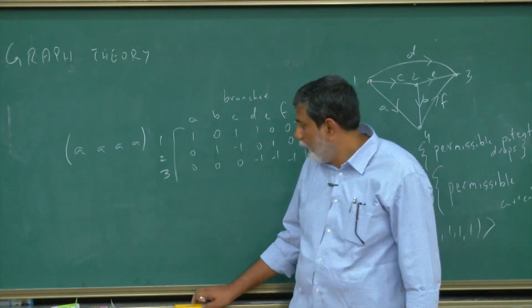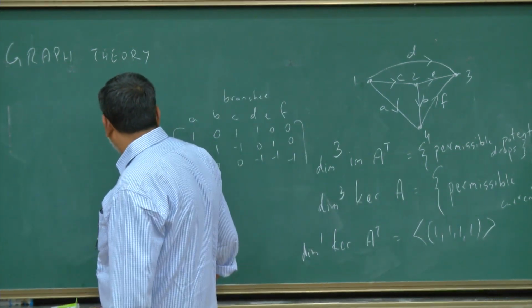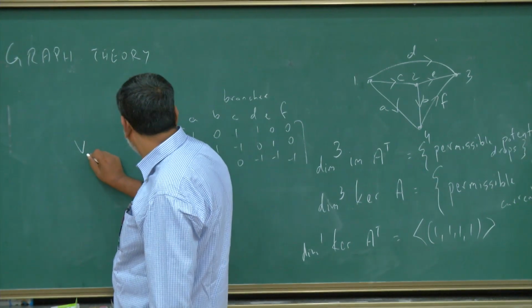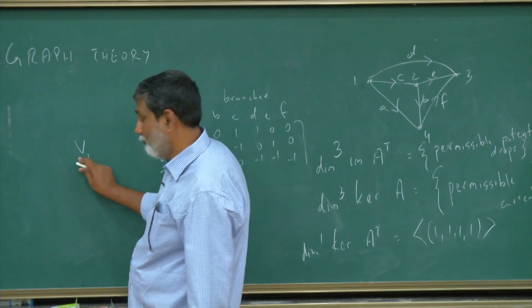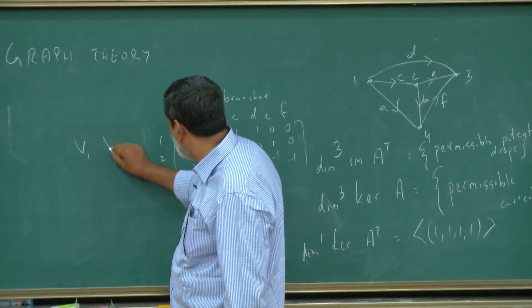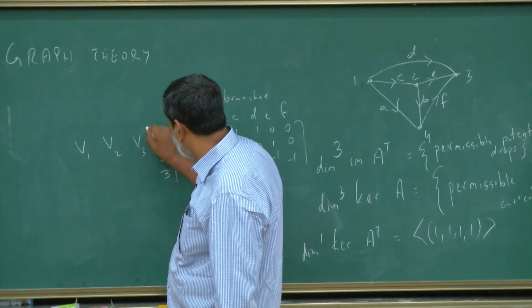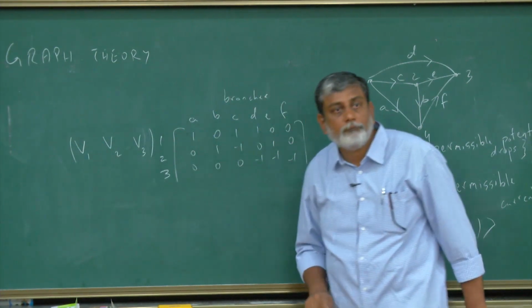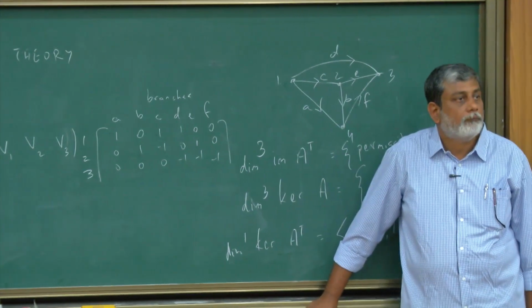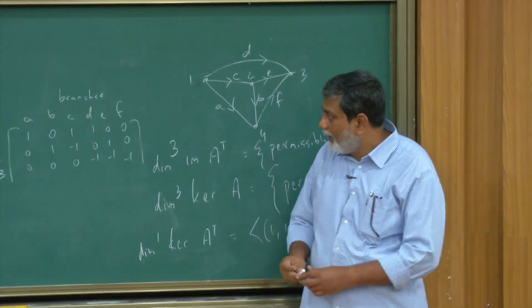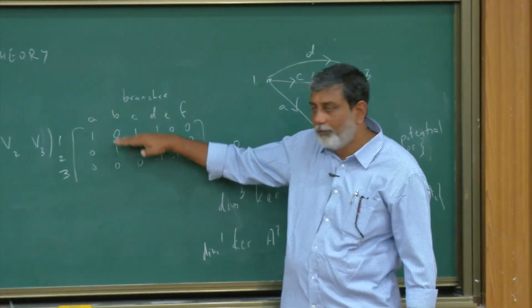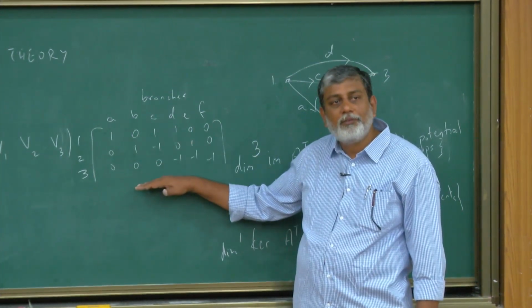And then you could think of this as potential at node 1, potential at node 2, potential at node 3.